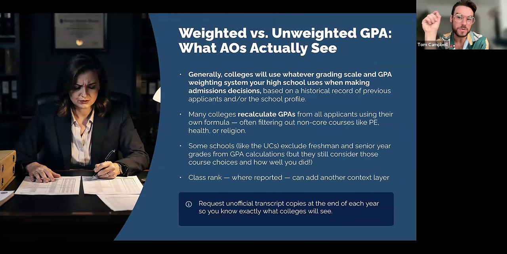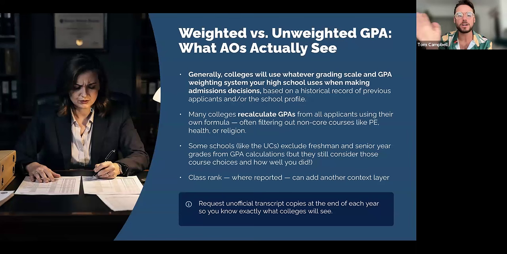Hopefully this slide gets at a few of the common ones that we often get, right? A lot of times families are like, well, what GPA is being looked at? My school has an academic GPA, a comprehensive one, a weighted one. Generally, most colleges are going to look at whatever is the highest scale that your school provides. Historically, that's been my experience, that that's the one they're usually going off of.